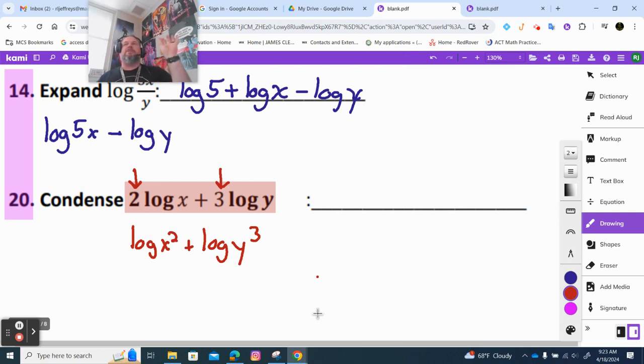Now, they're being added. What can we rewrite it as because they're being added? Multiplication. So log x squared y to the third. Final answer.